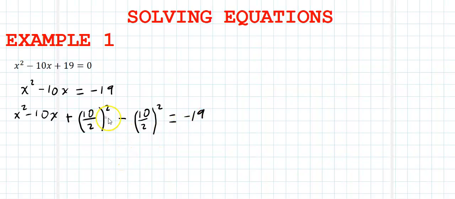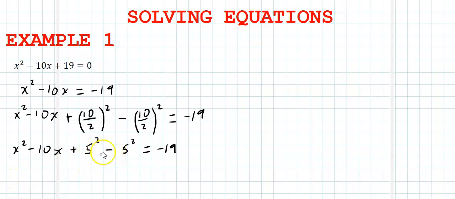Why do we have to subtract the expression? Because this is a zero pair. Now, we have x to the second power minus 10x plus 5 to the second power minus 5 to the second power equal negative 19.